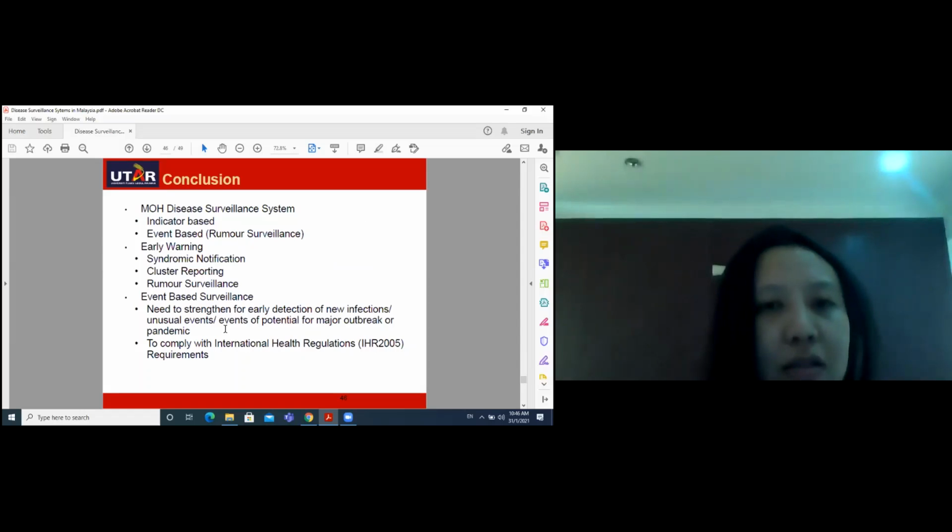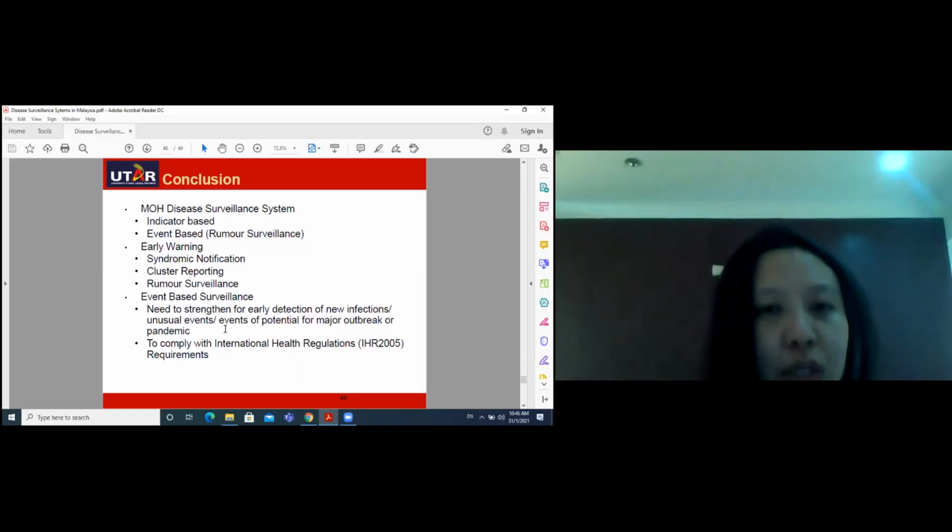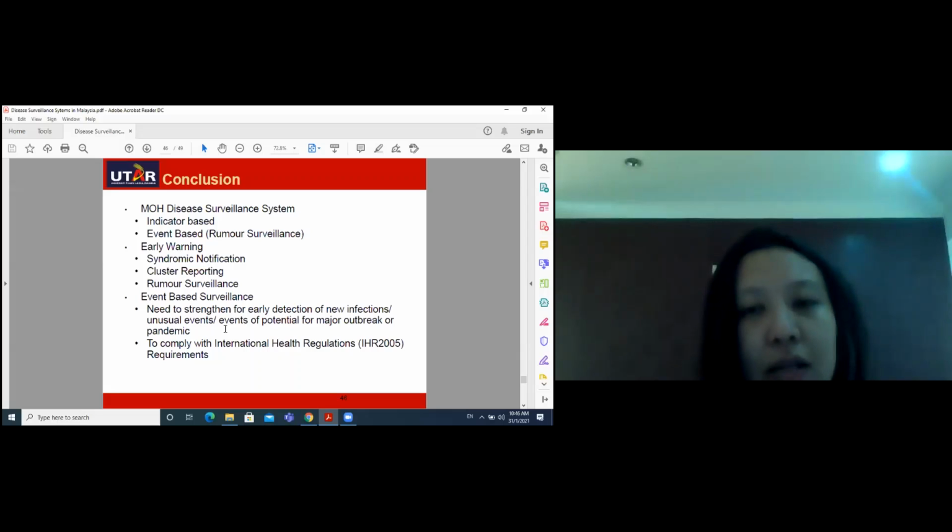The event-based surveillance we need to strengthen for early detection, especially for new emerging diseases, infectious diseases, or unusual events that could potentially bring public health risk, leading to a major outbreak or pandemic. All these communicable disease surveillance activities comply with the International Health Regulations, IHR 2005. The IHR focal point collaborates between the Ministry of Health Malaysia and other agencies, both national and international.